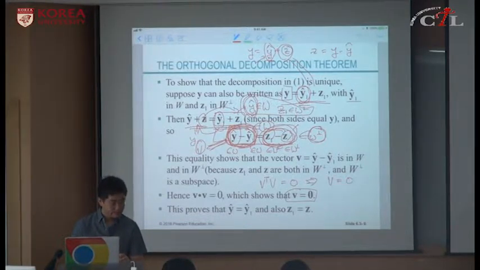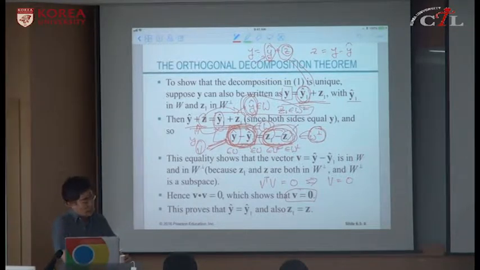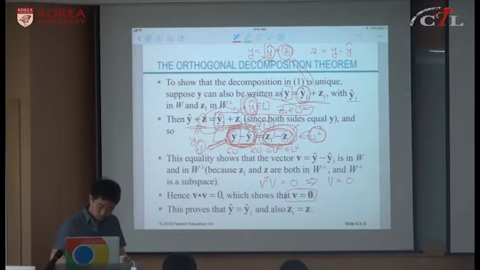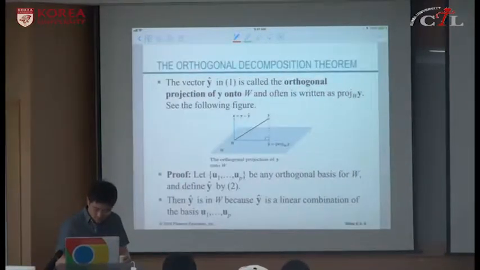And here a more intuitive explanation is that, as I briefly mentioned in the last lecture, what is y hat? What is the meaning of y hat? So y hat is something like this.